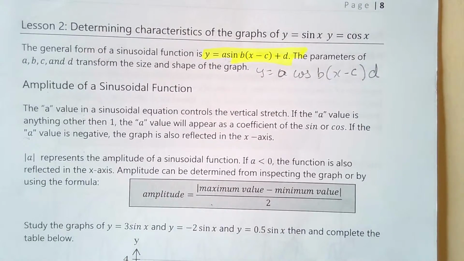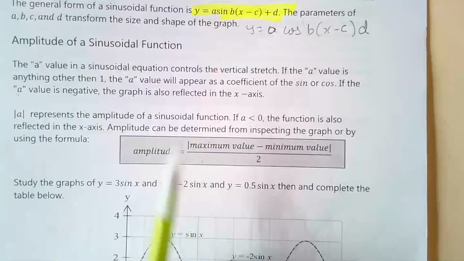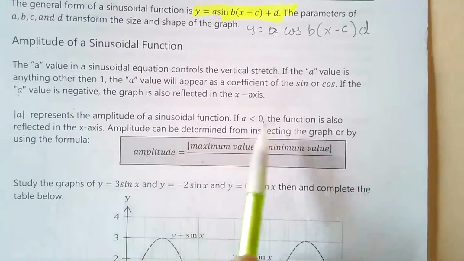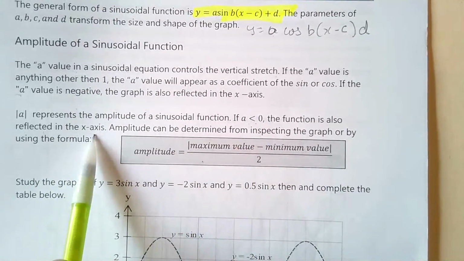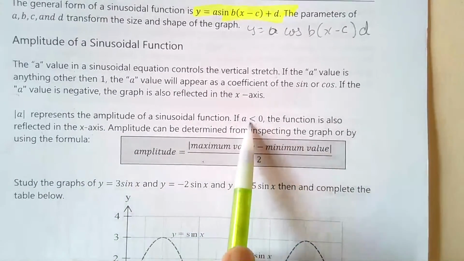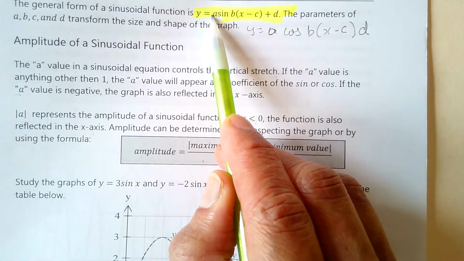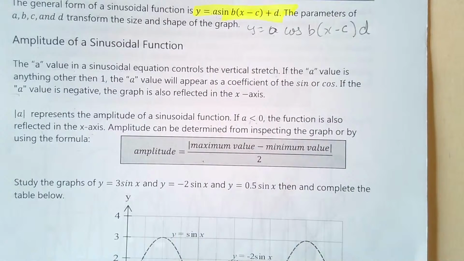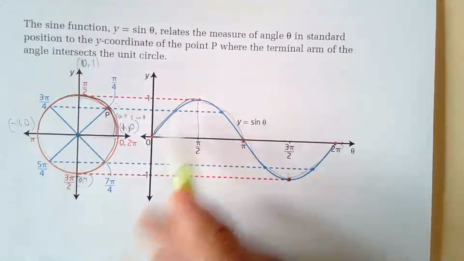We'll look at an example in a minute. So a represents the amplitude of a sinusoidal function, and if a is less than 0, the function is reflected on the x-axis. In other words, it's a reflection if it's negative. We looked earlier at a sine function, and here we have our sine function.